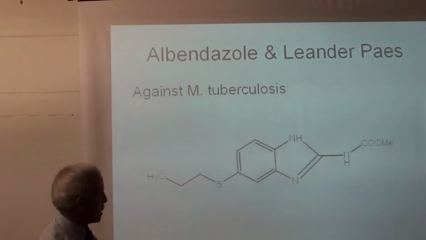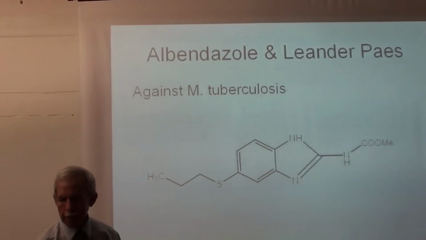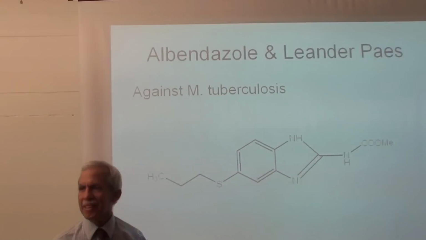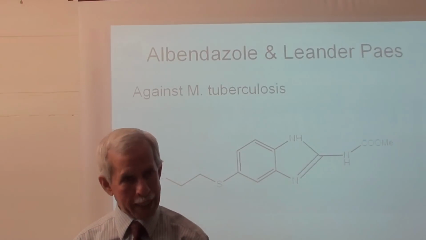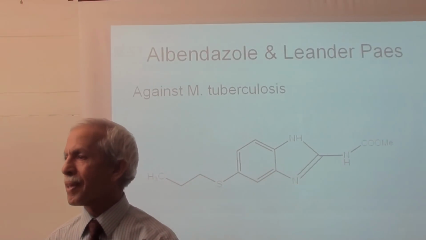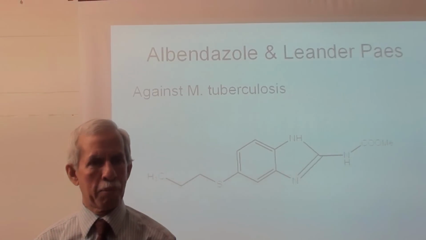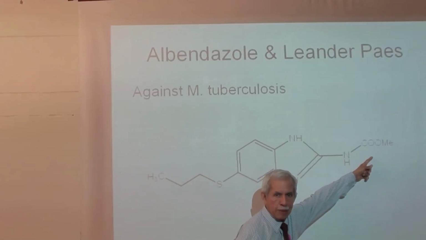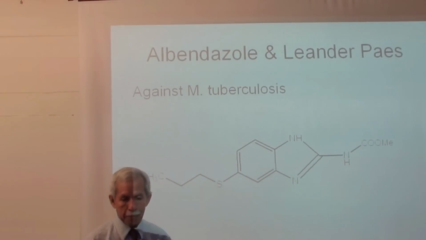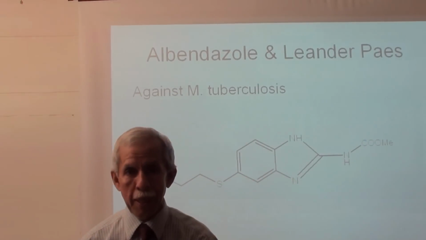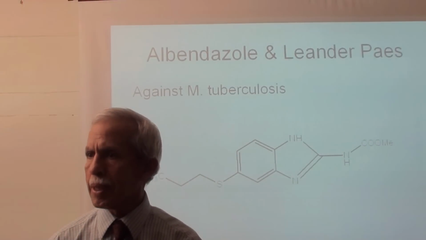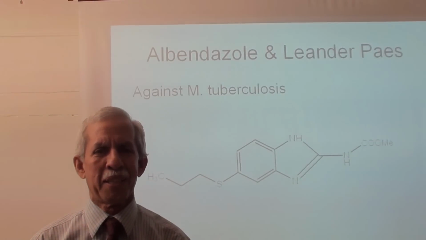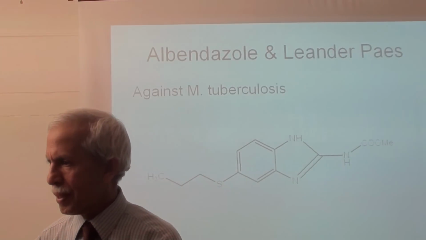What I am proposing is the structure as portrayed. Can it be tried as a drug, or can its derivatives be tested as a drug, for treating tuberculosis? We were discussing earlier, there are sites where derivatizations are possible. So all the activity and profile studies that were suggested can be carried out on this compound, and people have already said that this is a potential candidate for the treatment of tuberculosis.